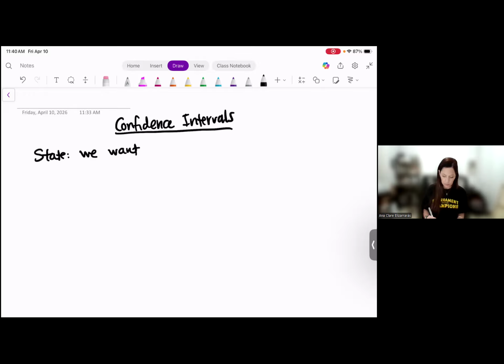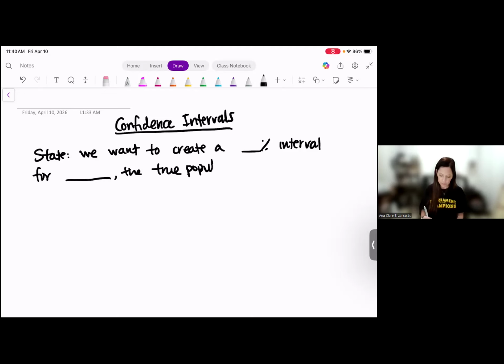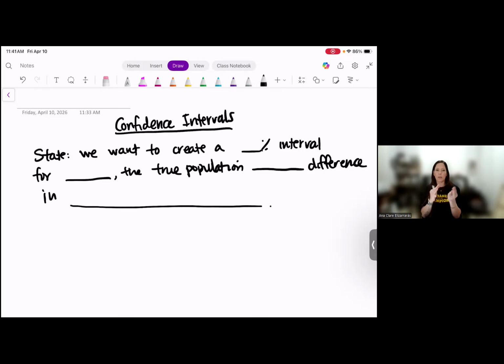We want to create some sort of interval, whatever the confidence level may be, for, and then whatever our parameter difference symbols are, the true population difference. You can put the exact wording where you want the difference to be, but the percentage is your confidence level.